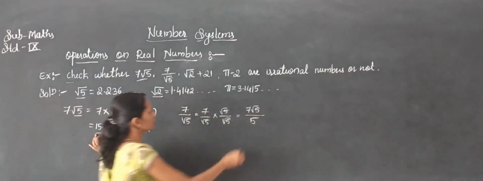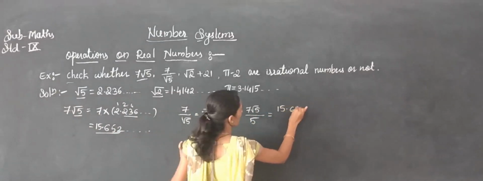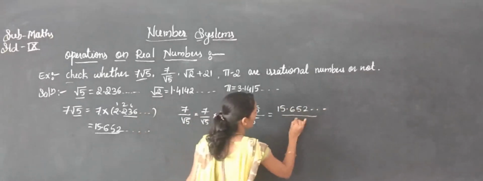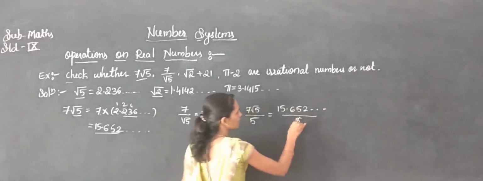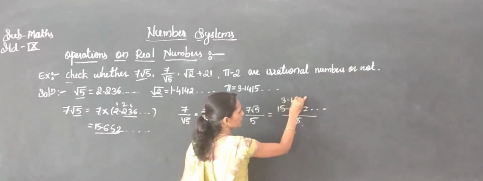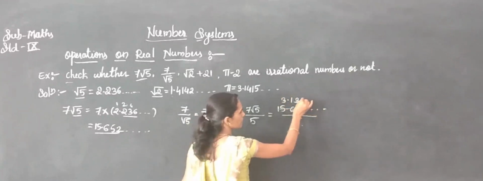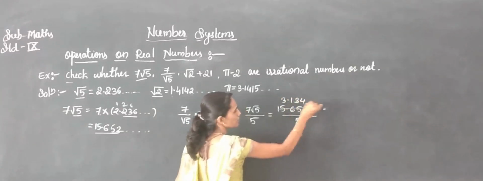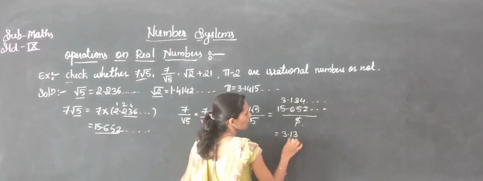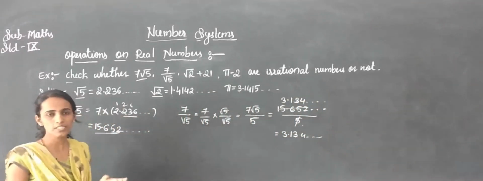Divided by 5: 5 ones are 5, 5 threes are 15, the point stays as it is, and so on, it will become 3.134. Again it continues without end.